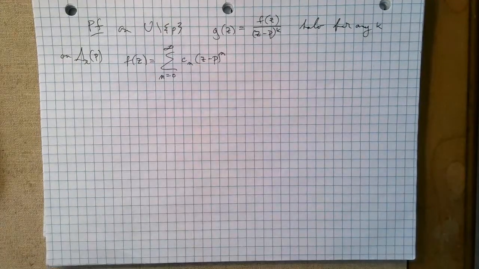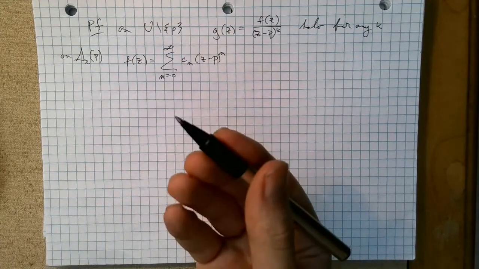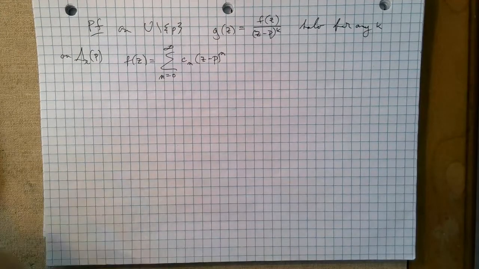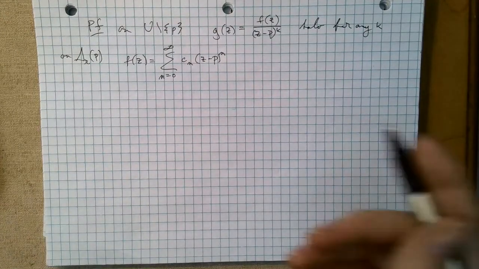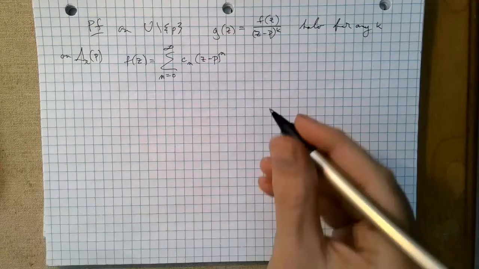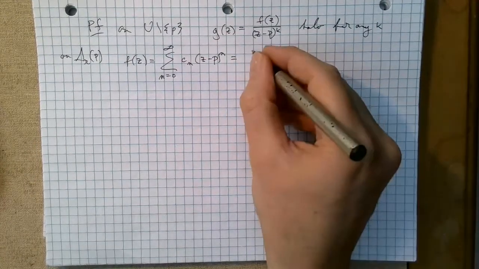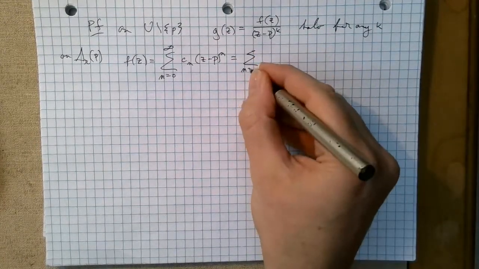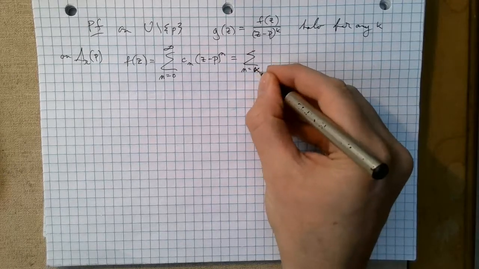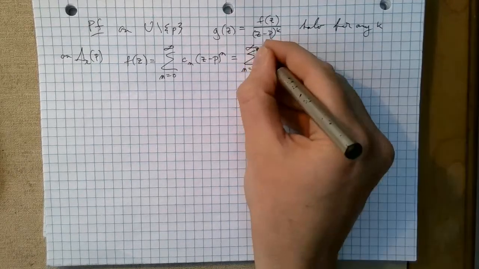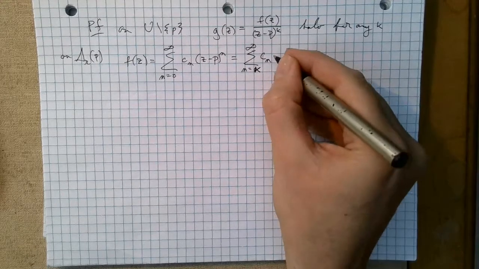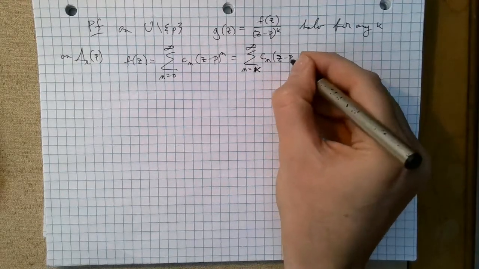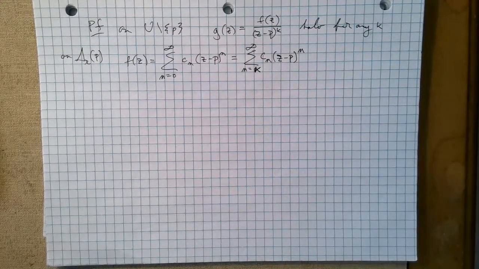These c_n's are given by the derivatives of f at p, so up to k, whatever k is, these c_n's are 0. So we can really start writing it at k, the same thing, because all the previous ones were 0.